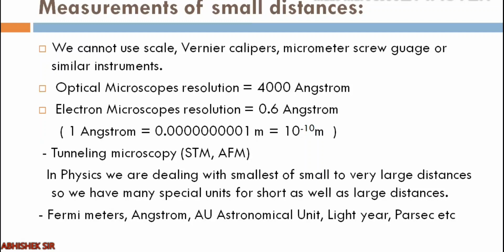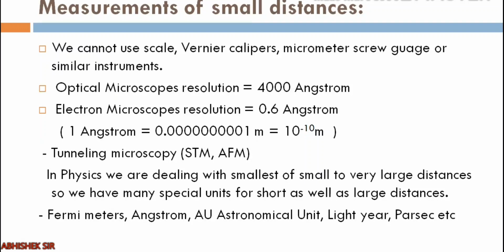In physics, we are dealing with the smallest of small to very large distances. So in physics, we have many different names of units, right? It may be fermi, it may be angstrom, it may be AU. AU is the astronomical unit, and there are light year, parsec, etc. I'll tell you the definition of AU.